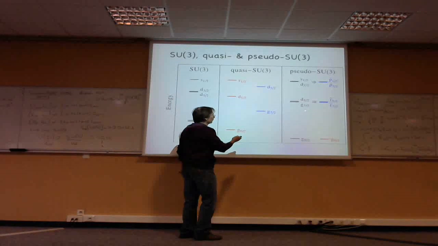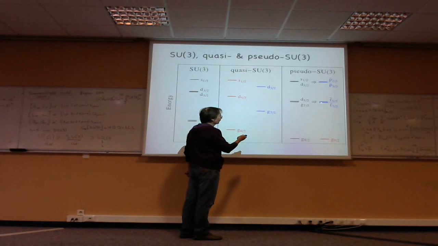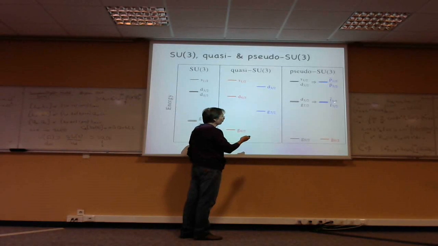And that is true, actually. D5 halves and G7 halves are rather close in energy. So let me consider this as a pseudo doublet. The spins are 5 halves and 7 halves, and let me consider this as something which comes from F, so L equals 3, coupled with the pseudo spin that will give 5 halves and 7 halves.